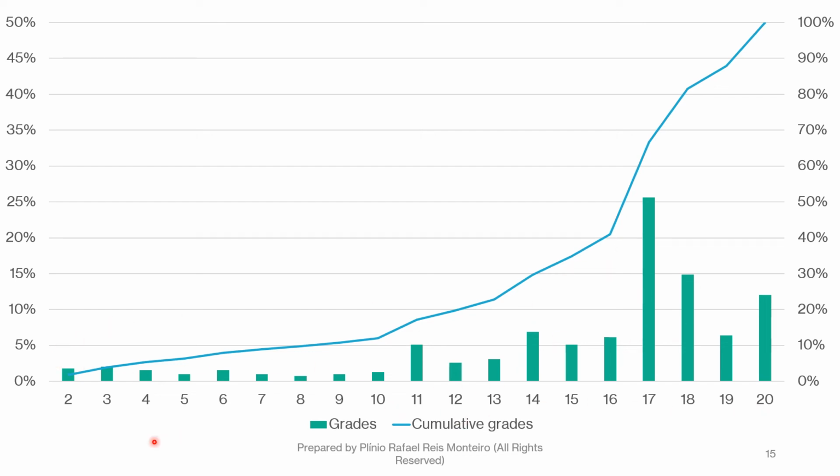As you can see, only a few students achieved less than 10 grades. That is the value of the course simulation here. Most students achieved something close to 17 grades.